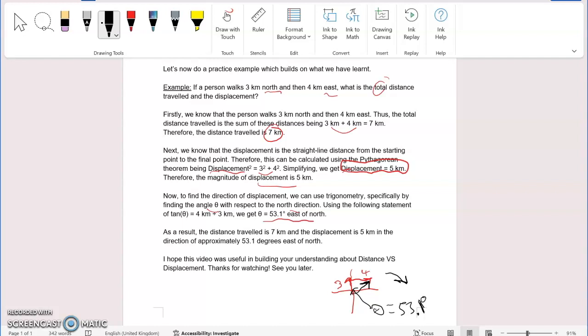And the magnitude of that vector is 5, using the Pythagoras theorem, because that right there is a right angle triangle.